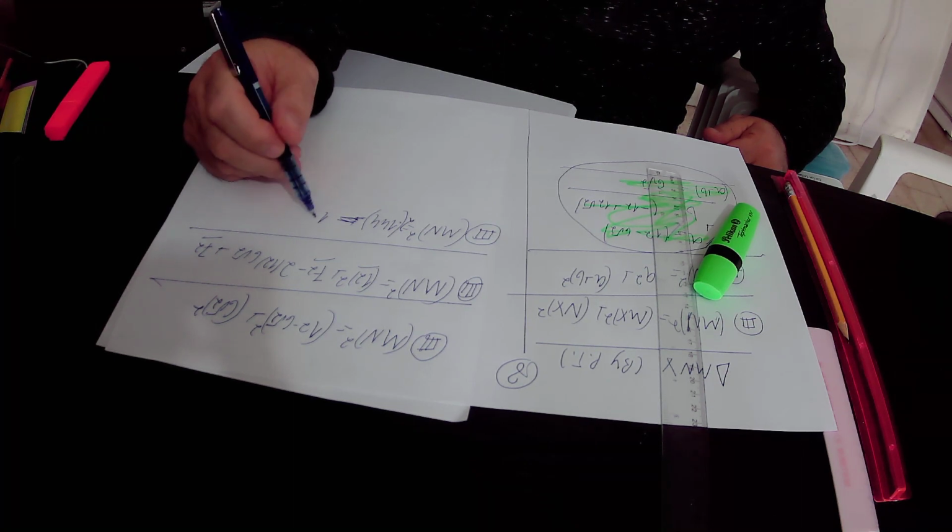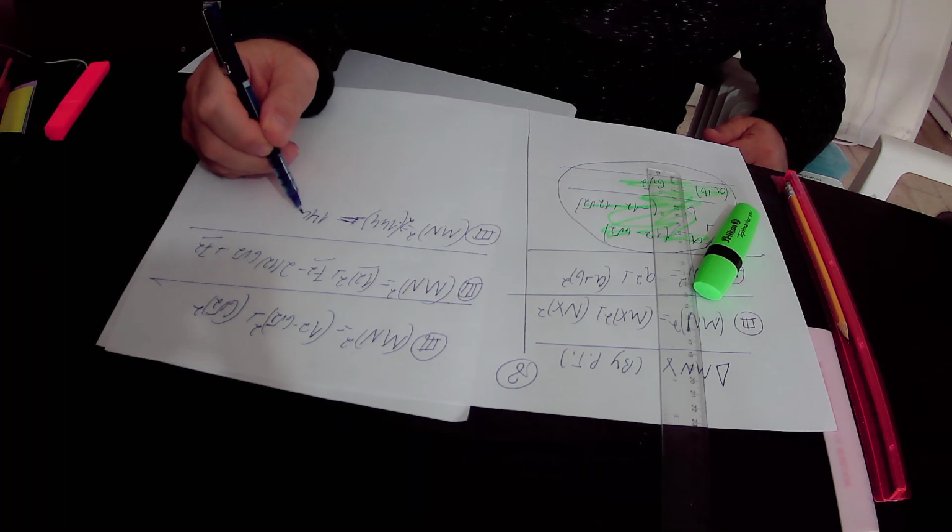So this expression in total, in conclusion, equals 144 times square root of 2.